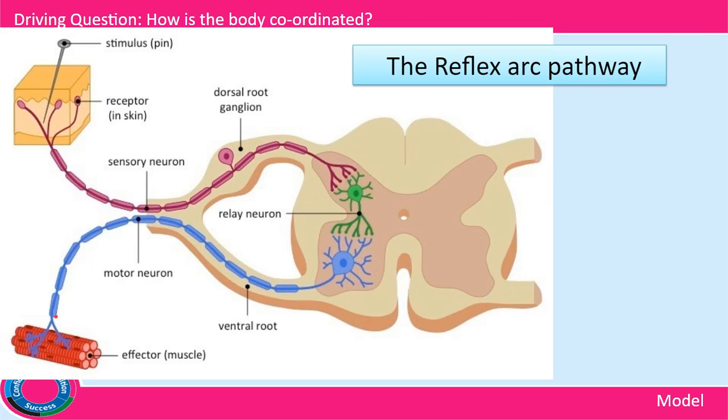In this case, we're going to be focusing on a muscle. Those electrical impulses will be transmitted via the motor neuron to the effector, and at this moment the effector is a muscle to bring about a movement, and that's going to allow that individual to quickly pull their hand away from that hot object.